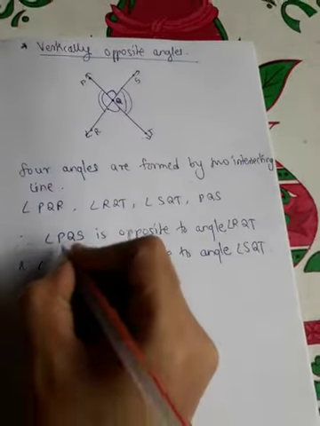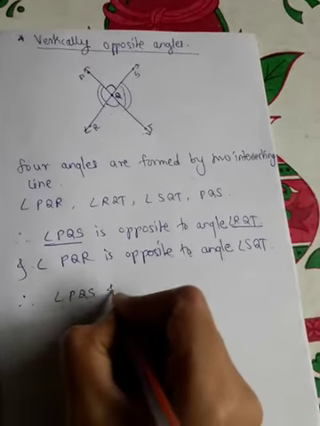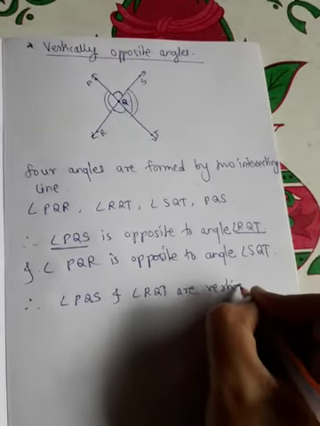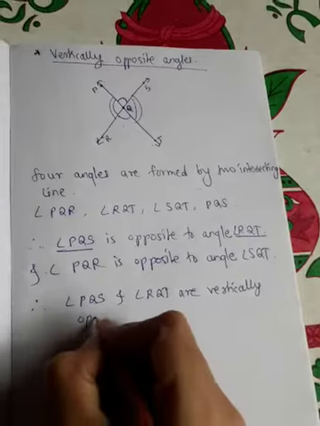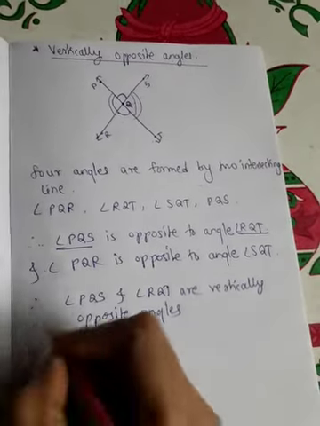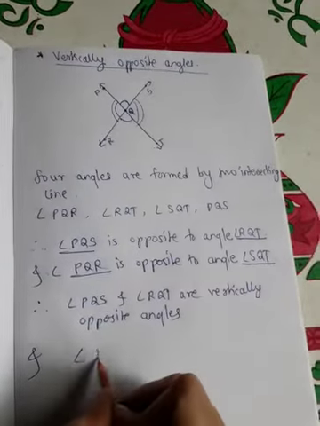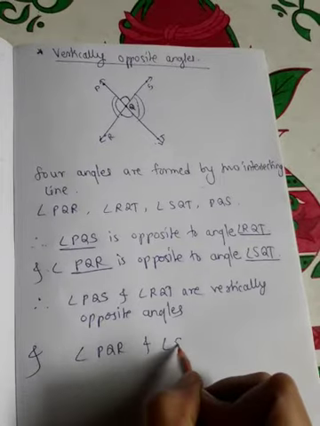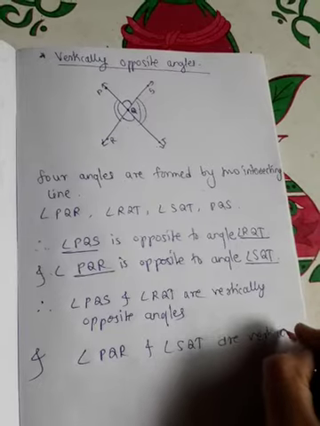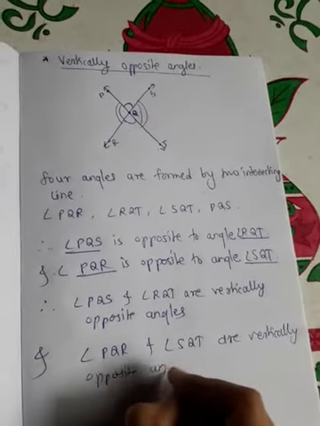So therefore we can say that angle PQS and angle RQT are vertically opposite angles, and also angle PQR and angle SQT are vertically opposite angles.